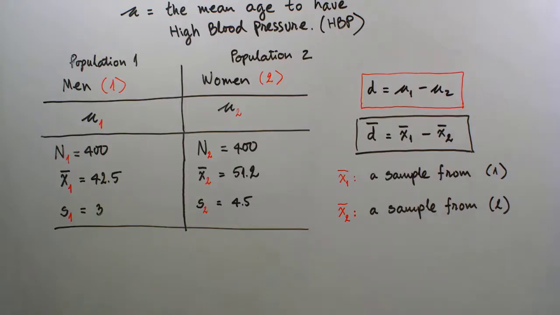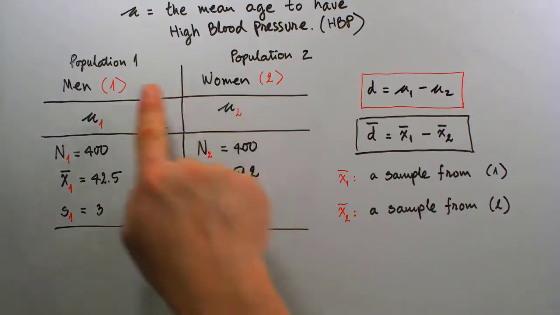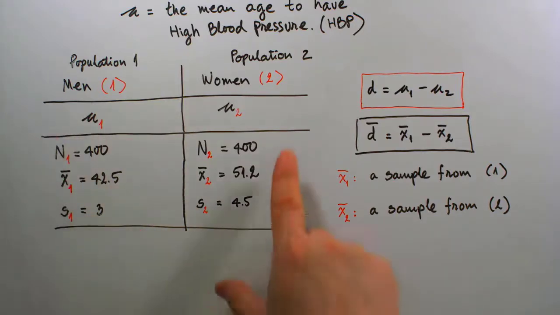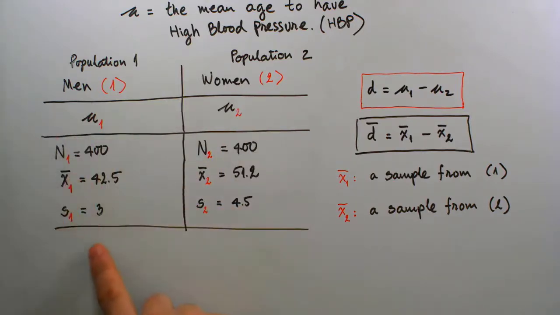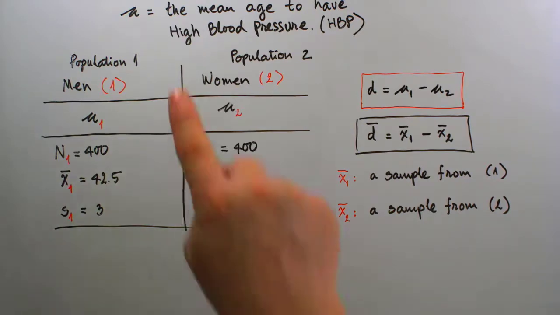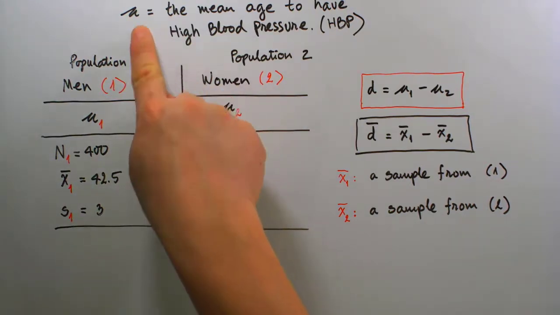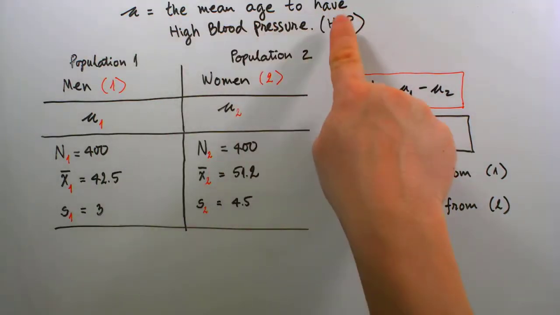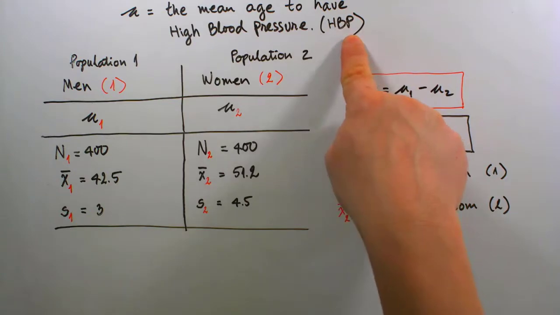All right, so here we are back to our quick summary of the information that I used throughout our general discussion of comparing two population means. And so again, just like I explained earlier, mu here is just the mean age to have high blood pressure, or HBP, for anyone.